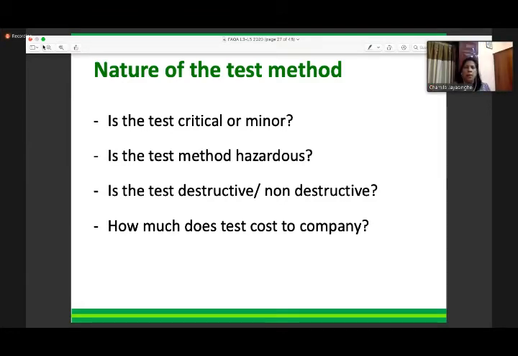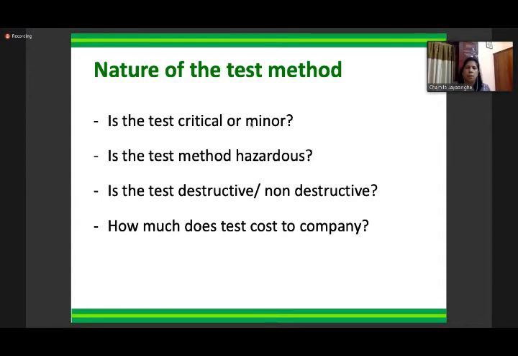So, the nature of the test method. Is the test critical or minor? Is the test method hazardous? Is the test destructive or non-destructive? Or how much does the test cost the company? So this information, the nature of the test method, is very important, right? Here, is the test method destructive or non-destructive?